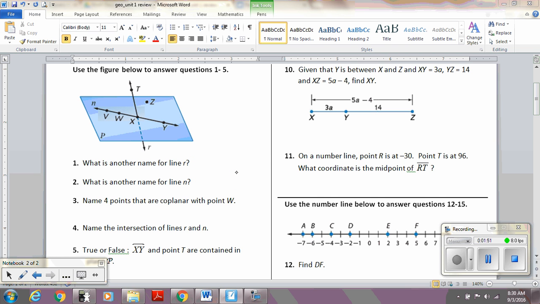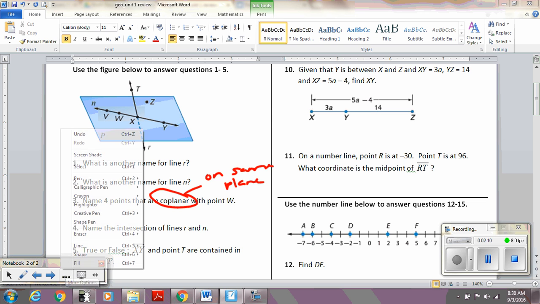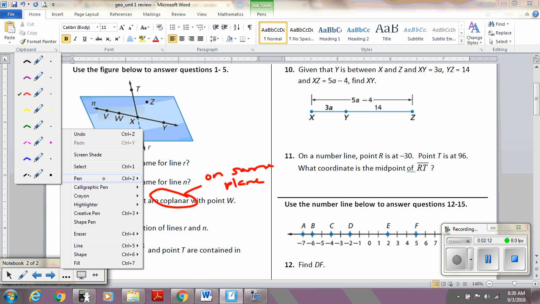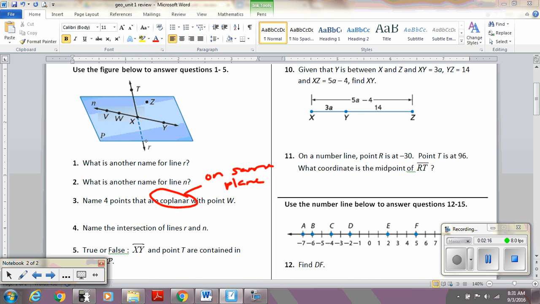Number 3 wants to know 4 points that are coplanar with point W. Coplanar again means on the same plane. So point W is on plane P, this little rectangular-like shape here.